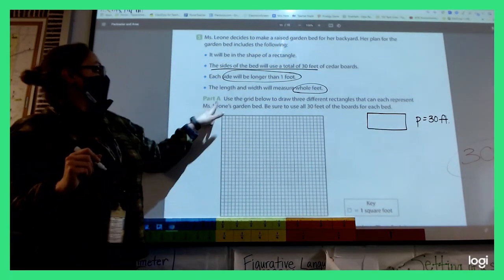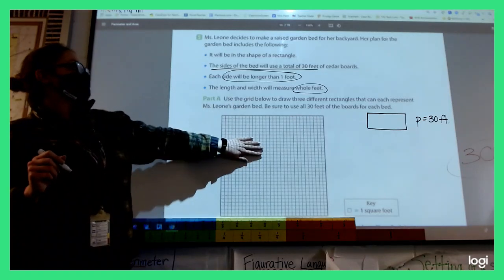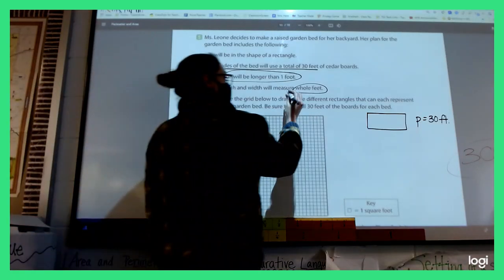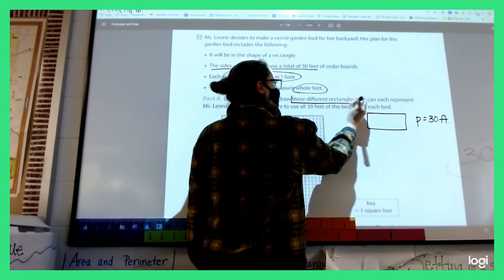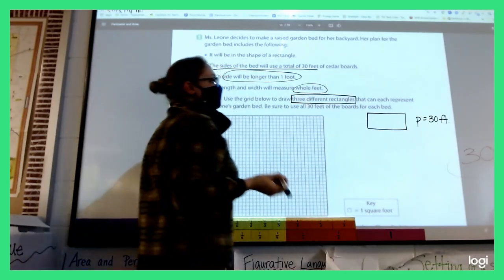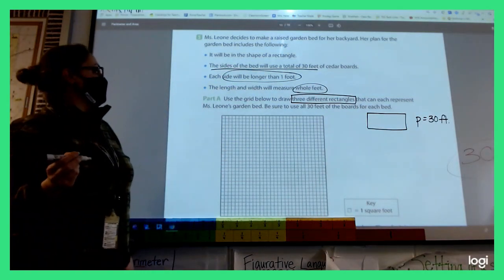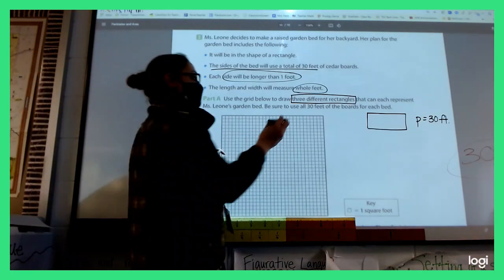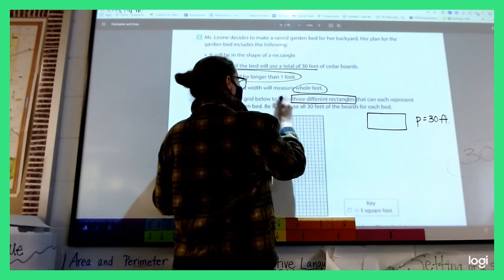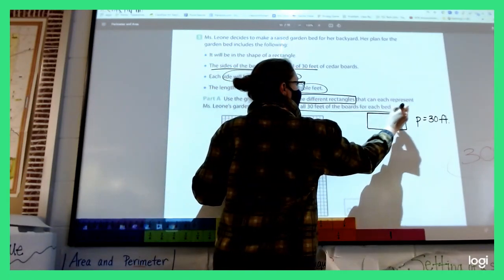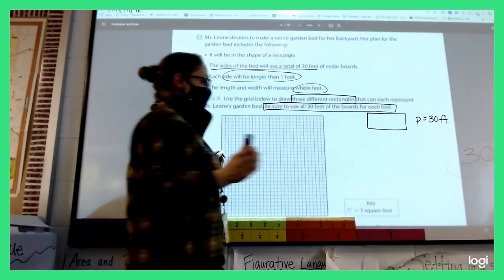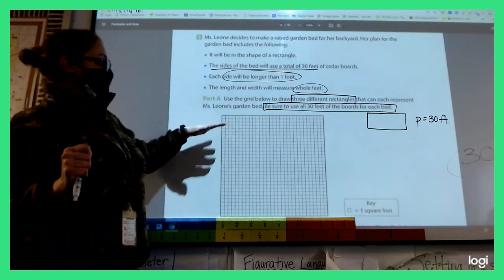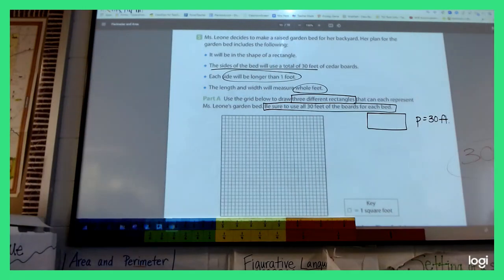All right. Now, part A says, use the grid below to draw 3 different rectangles. That's probably very important. Put that in the box. That can each represent Ms. Leon's garden bed. Be sure to use all 30 feet of the boards for each bed. That also seems important. All right, now I'm going to scroll down just a little bit so that we can see the questions at the bottom.